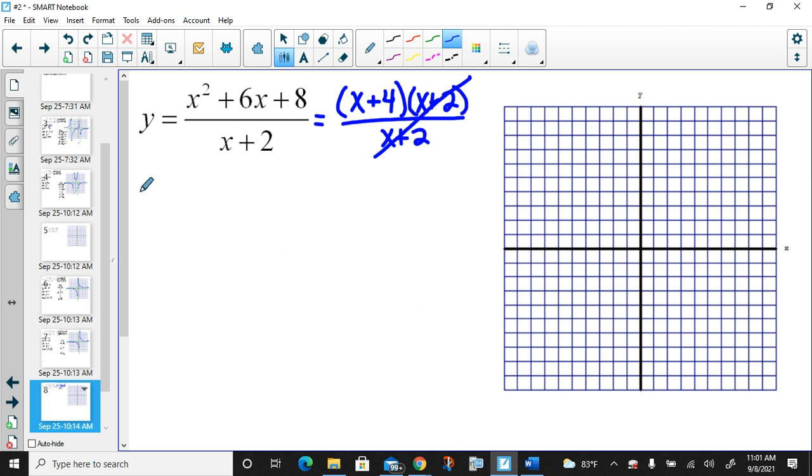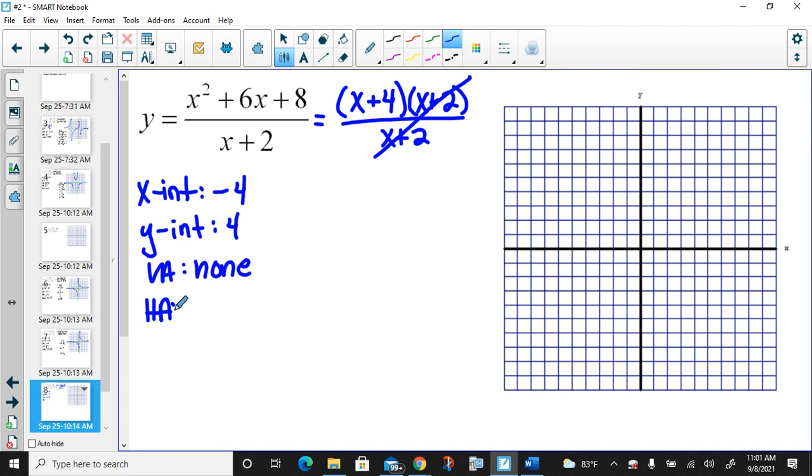All right, so we say, x-intercept is what? -4. Y-intercept is 4. Vertical asymptote, none. There's nothing in the bottom to set equal to 0 anymore. Horizontal asymptote, none. I'm going to asterisk this just for a moment. We'll come back to it.